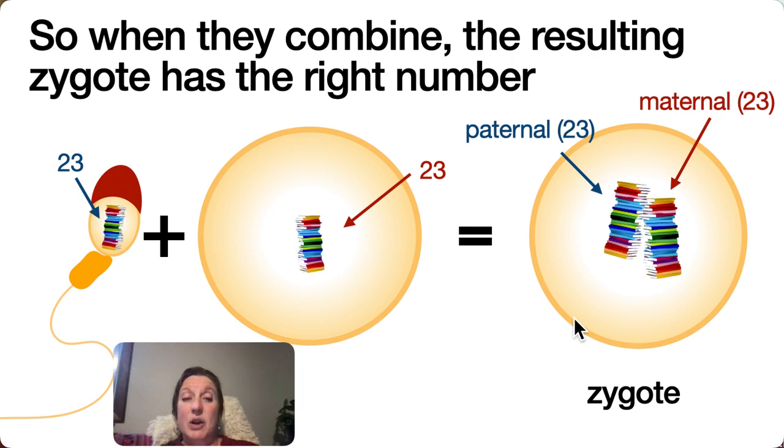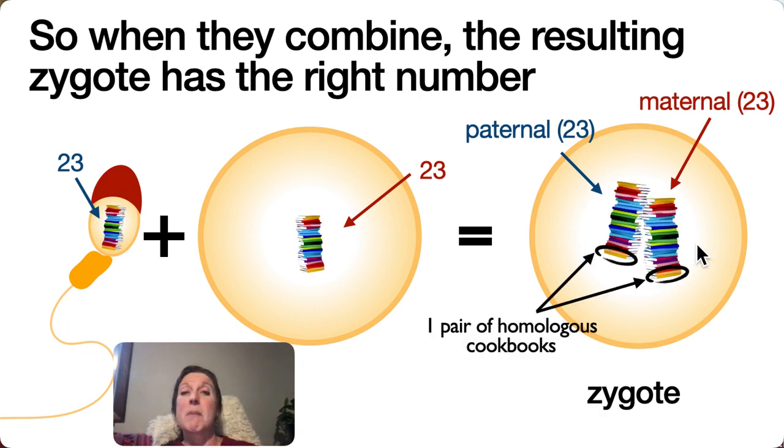And that zygote now will have 23 from the father, 23 from the mother, a total of 46, or 23 pairs of homologous cookbooks or chromosomes. And so this is once again a homologous pair of cookbooks.